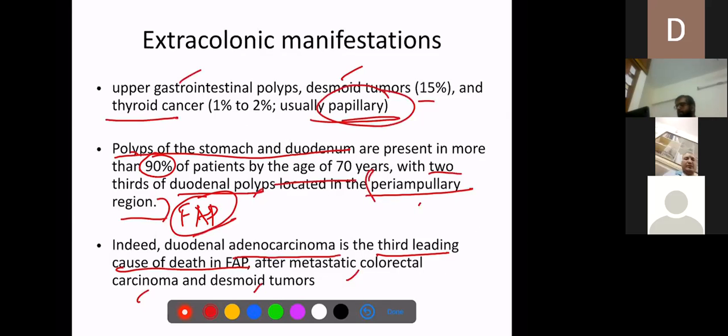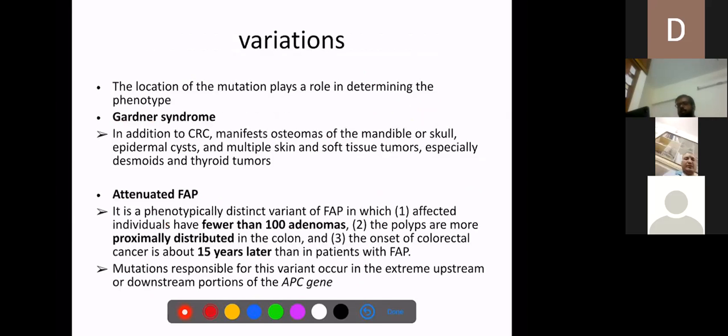So this is the classic FAP we have been talking about, and there are variations from the normal classical FAP. You have mutations, and it's not going to be a single location mutation. There is going to be a range of mutations. From the 5' end to the 3' end in the gene, a mutation can occur at different sites within one segment, depending upon the location, whether it is 1043 or 2020, like that.